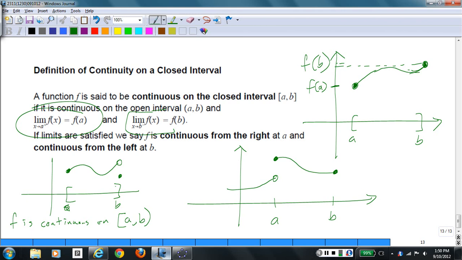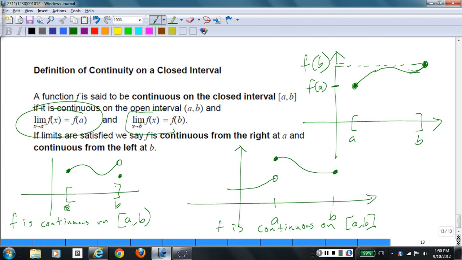Can we say the function f is continuous on the closed interval AB? No. Well, here's the thing.